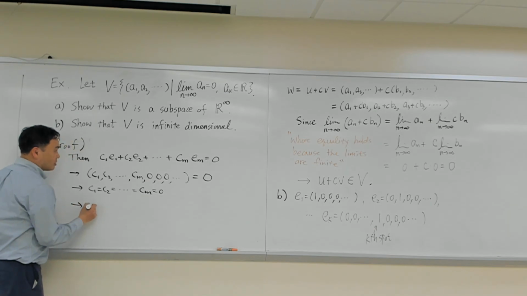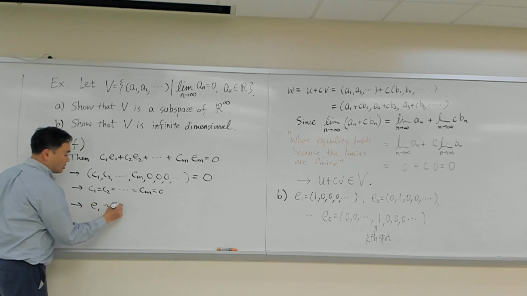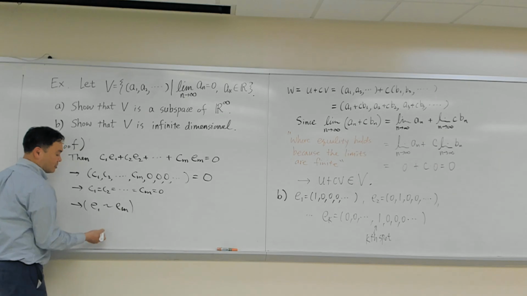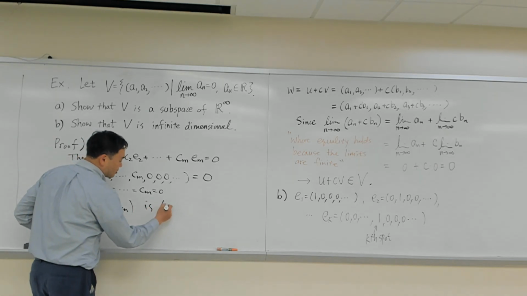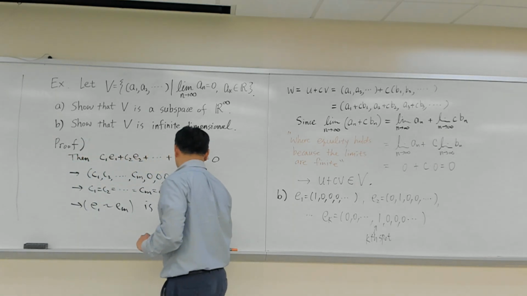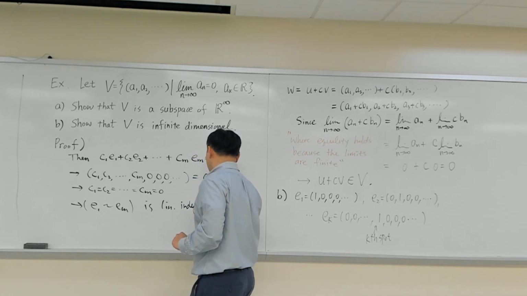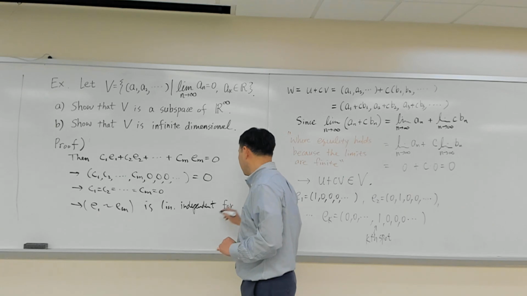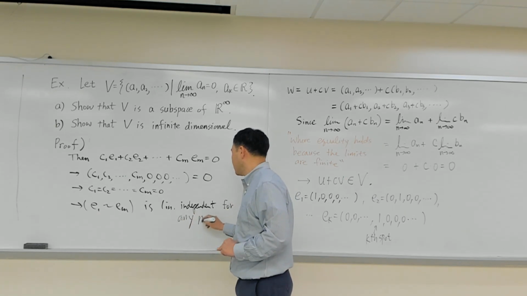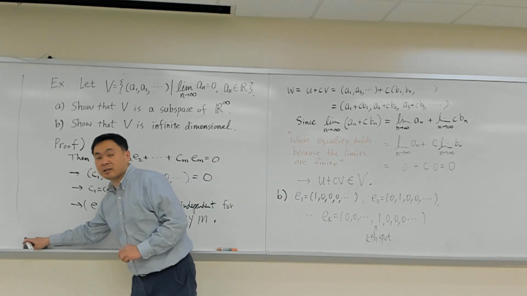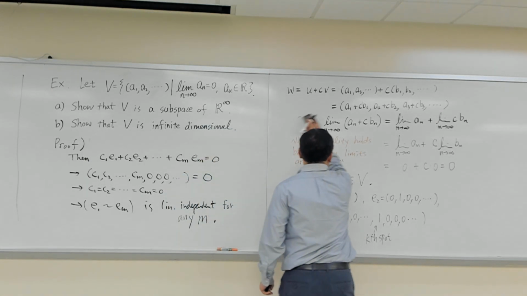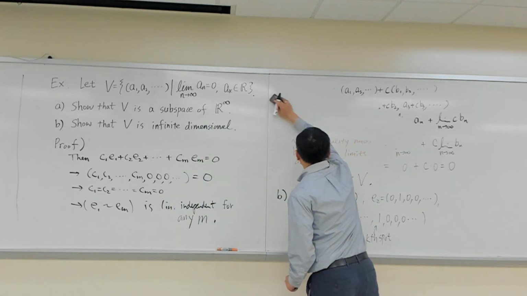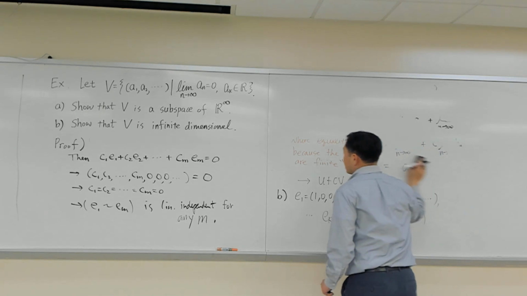So that says E1 through Em, this list, is linearly independent, for any m. Right? For any m.